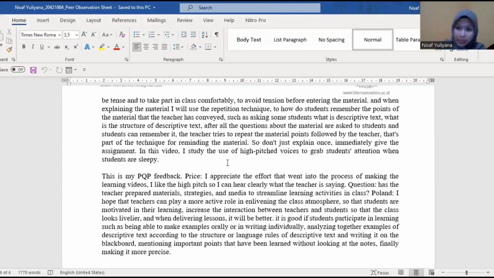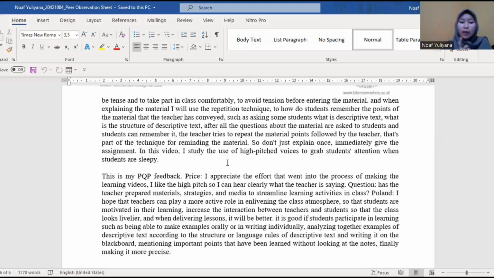And when delivering the lesson, it will be better if students participate in learning, such as being able to explain orally or in writing individually, analyzing together an example of a descriptive text according to the structure or language rules of descriptive text, and writing it on the blackboard.